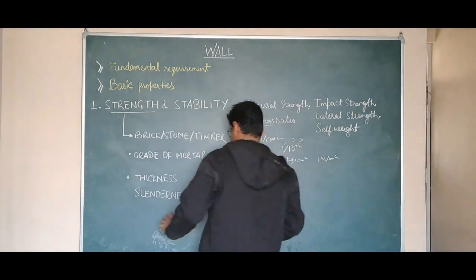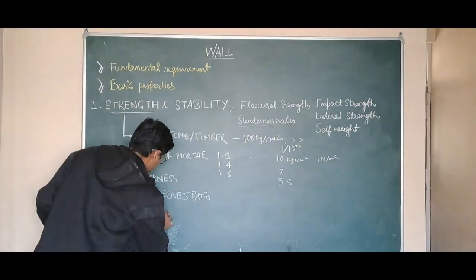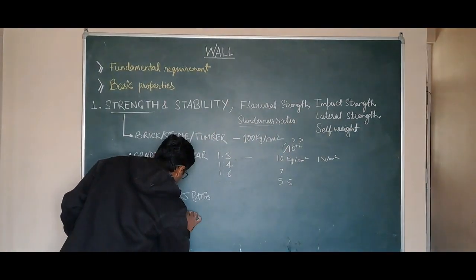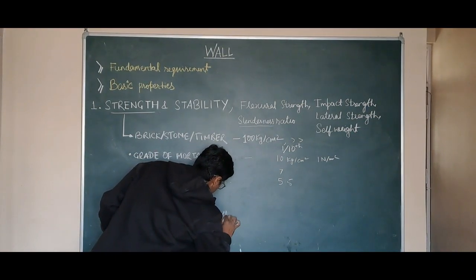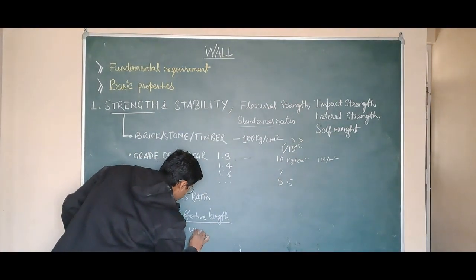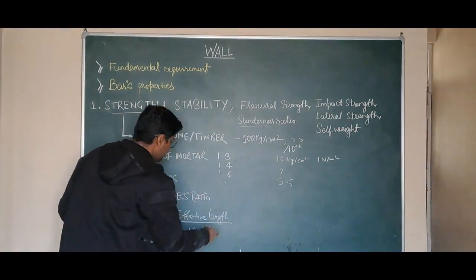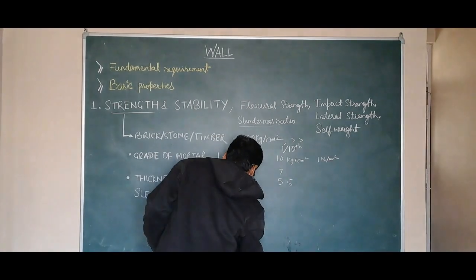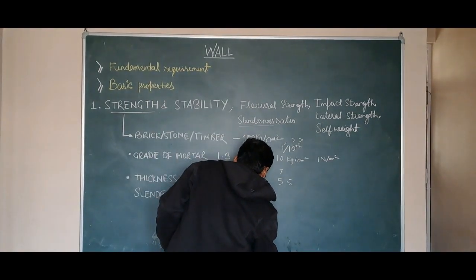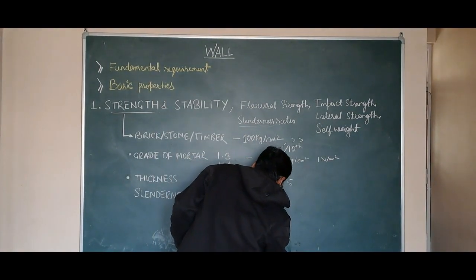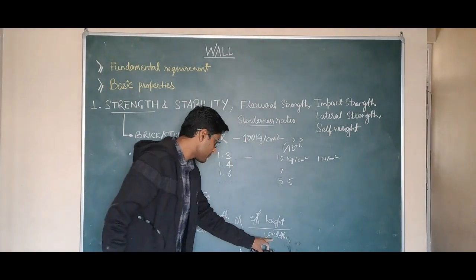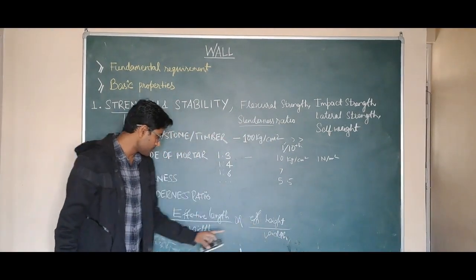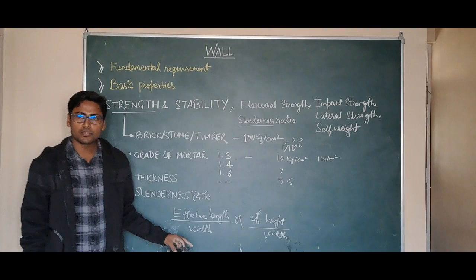So slenderness ratio is effective length by width, or effective height by width of wall, and this is effective height of wall or effective length of wall.